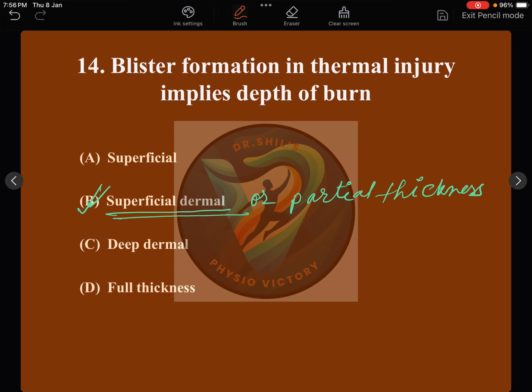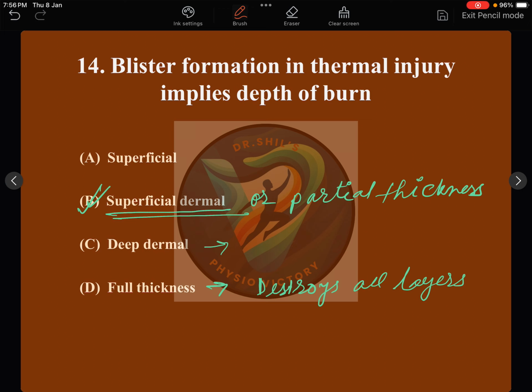Full thickness is destruction of, destroys all layers. Deep dermal or deep partial involves dermis.